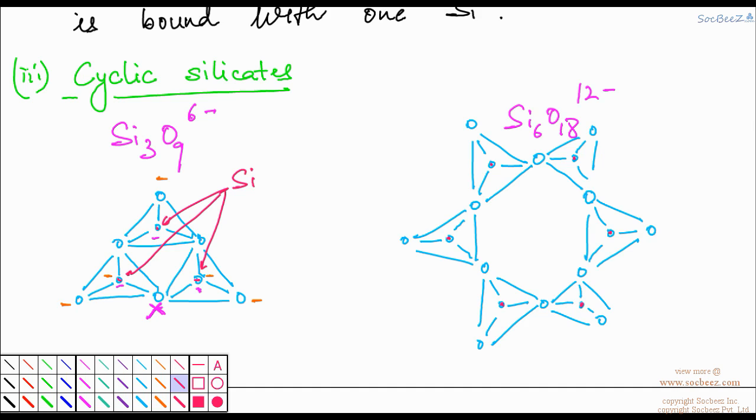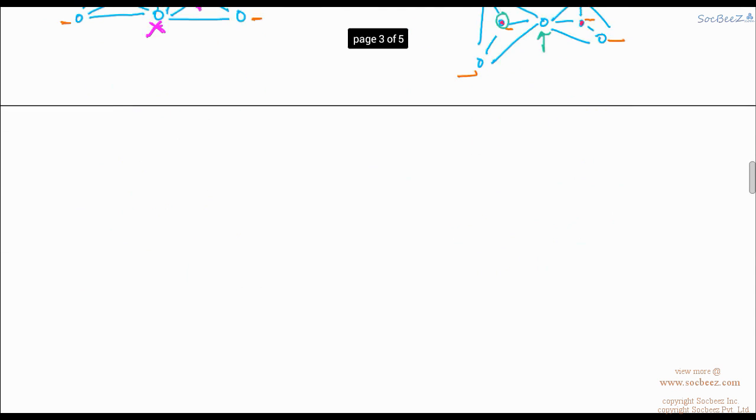Okay, and minus charges would be present where? On those oxygen atoms which are bonded with just one silicon atom, like these. These are bonded with just one silicon atom, and these are also bonded with just one silicon atom. But against other oxygens like this oxygen, or this oxygen, all these oxygens are bonded with two silicon atoms. See, one over here and one over here, so they won't have negative charge. Okay, so this was the structure of cyclic silicates.